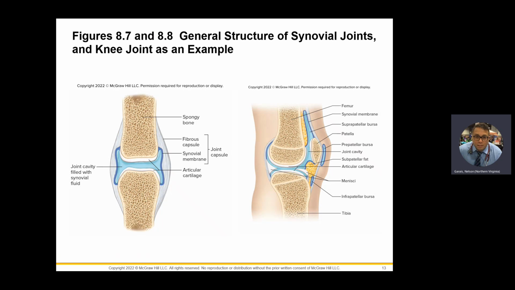Connects bone to bone, and it shouldn't move. But if you look at this, the outside part, of course, is what? Tough. There's got to be a fibrous capsule. And then you have a synovial membrane or a synovial skin, and then it forms this pocket here. And this pocket is called a bursa. Bursa means pocket in Latin.